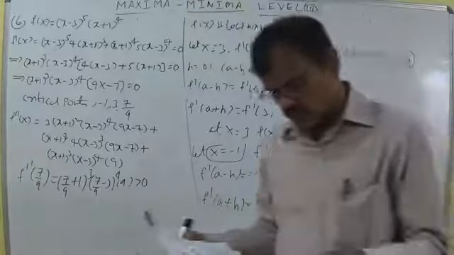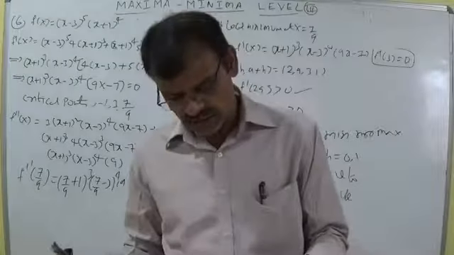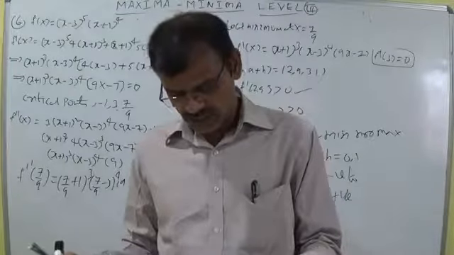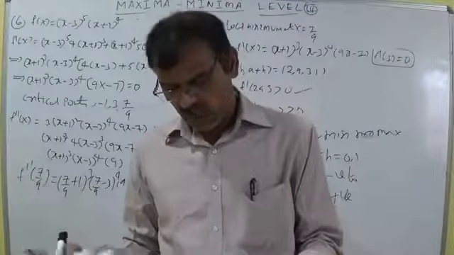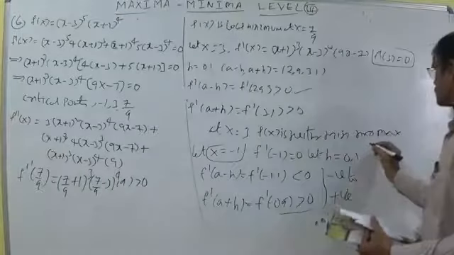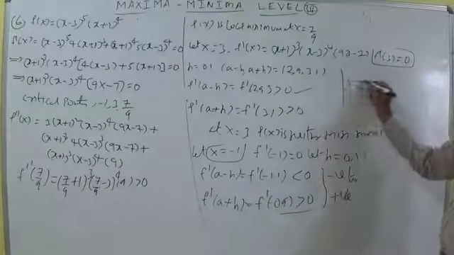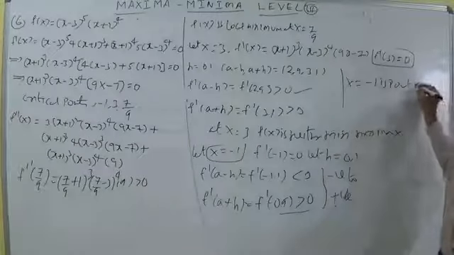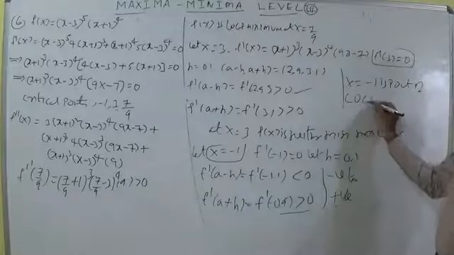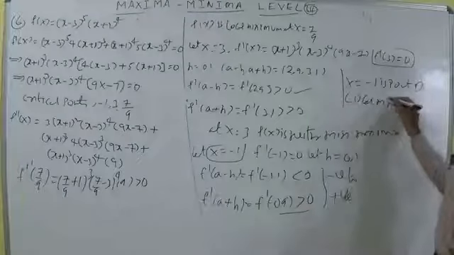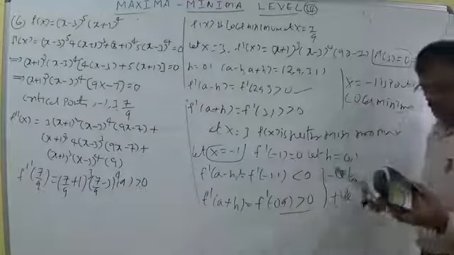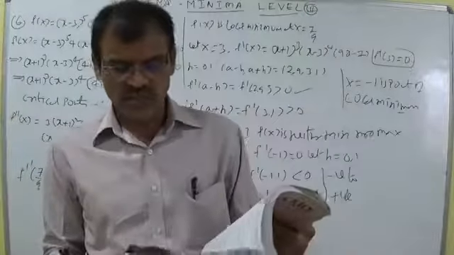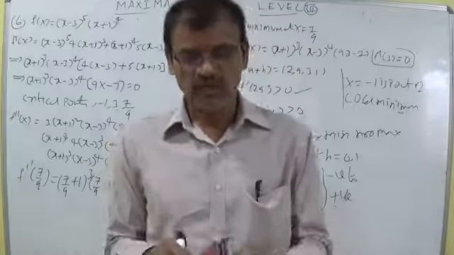The value changing from positive to negative is local maximum, and it is local minimum if f dash x changes from negative to positive. So x is equal to minus 1 is a point of local minimum. According to the options here, f of x at minus 1 is given as a point of maximum.